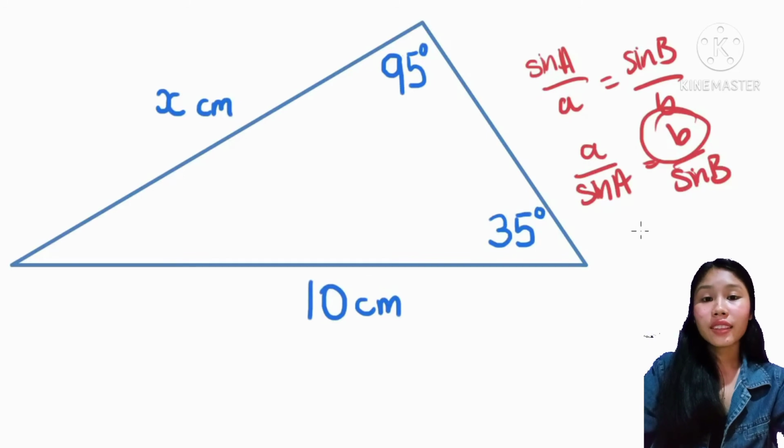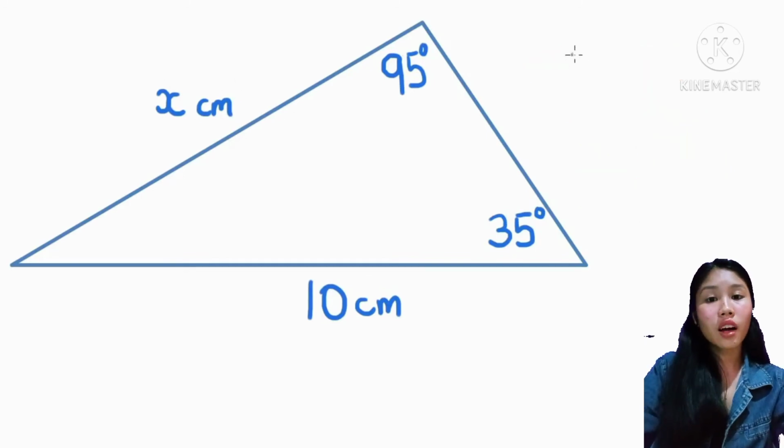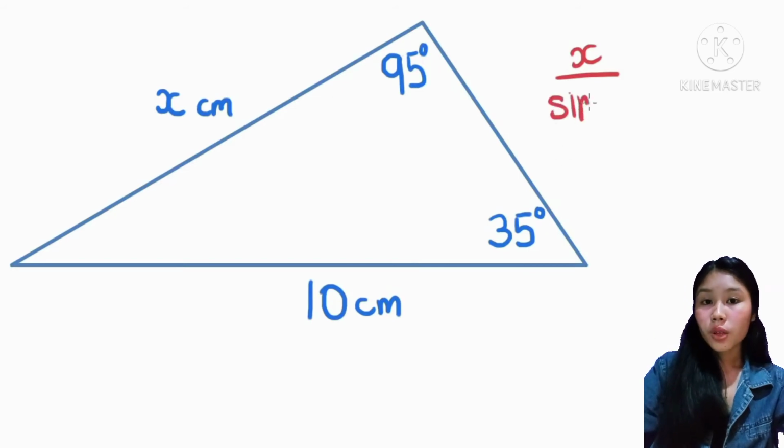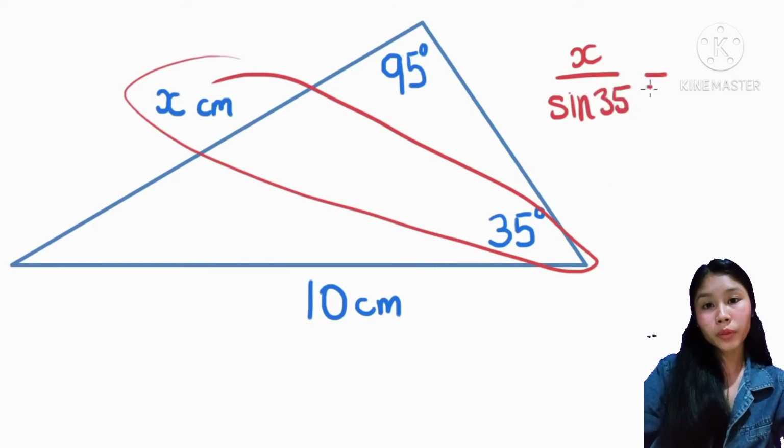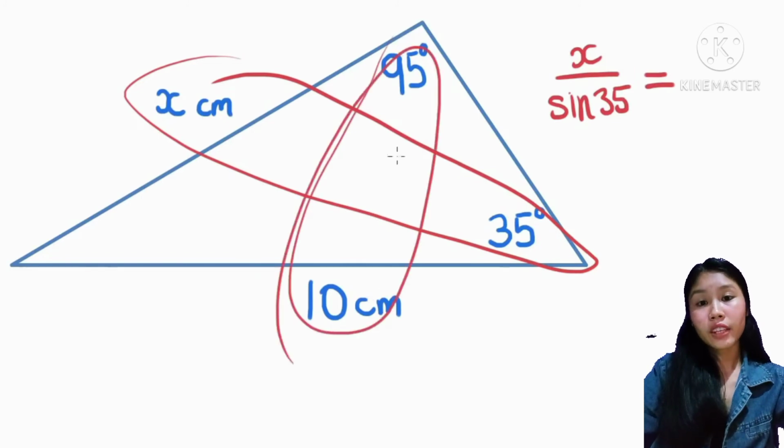Now we'll try to find x, the unknown number, the opposite side with its matching angle. So with the formula, x over sine 35, the top is the opposite side and the bottom is the angle, equals 10 over sine 95.